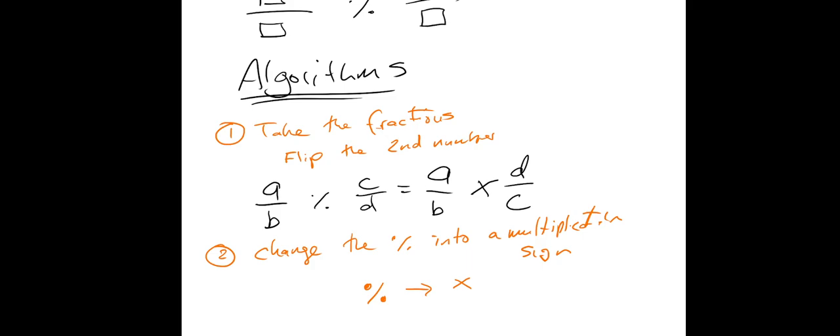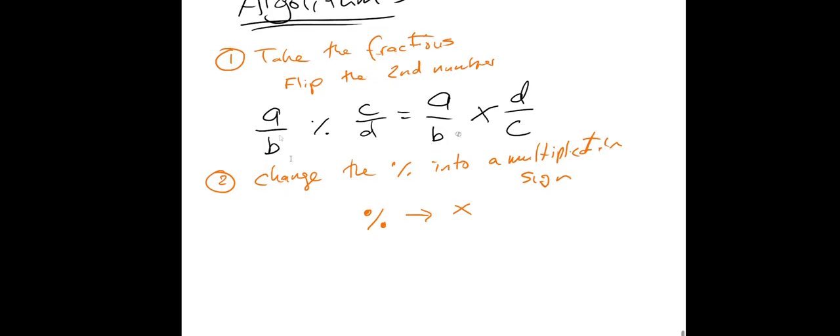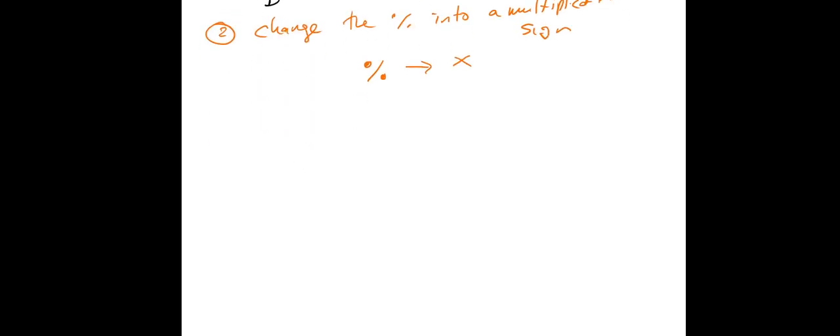I'm going to make the statement that this is the equivalent of this. They're just rewritten. The third step is just multiply like we know how. Multiply as normal.